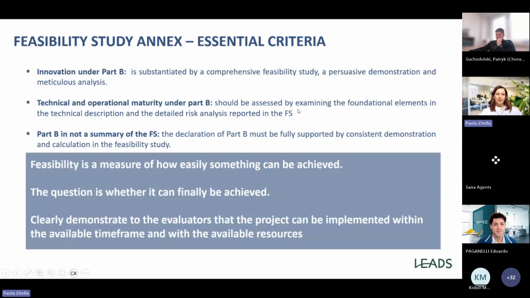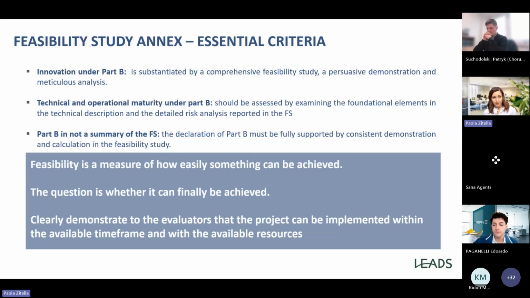Perfect. So let's go through the key elements of a feasibility study, because I would like to explain why it plays such a crucial role in the Innovation Fund evaluation process. The Part B is not a summary of a feasibility study.